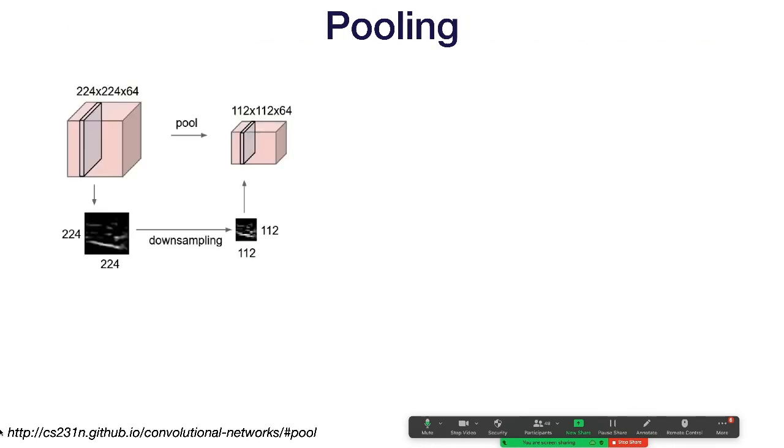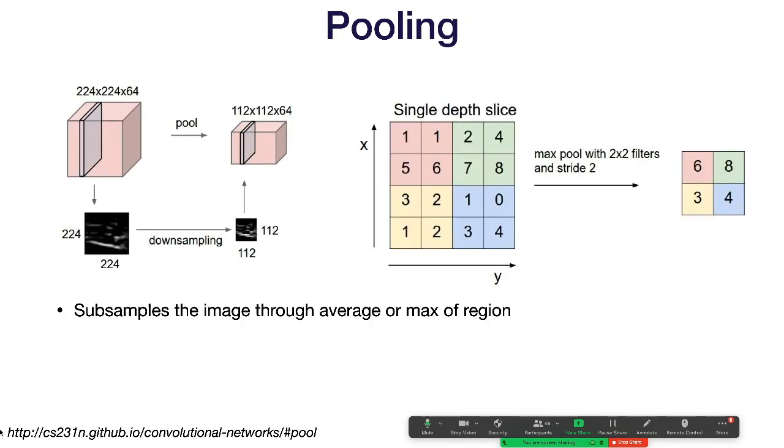So one is pooling. The idea behind pooling is that you subsample an image by looking at a small rectangular region of the image and then subsampling it by applying an operation to that region that reduces its size. Typically this will either be you take the average of the pixels in that region, or you take the max of the pixels in that region.